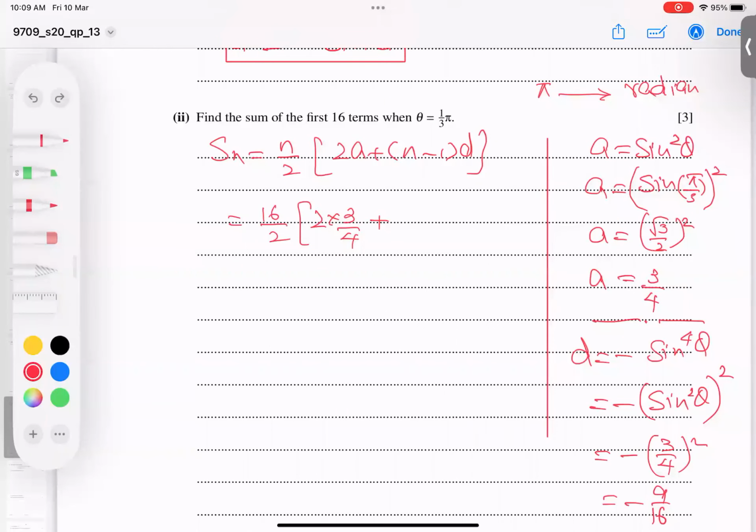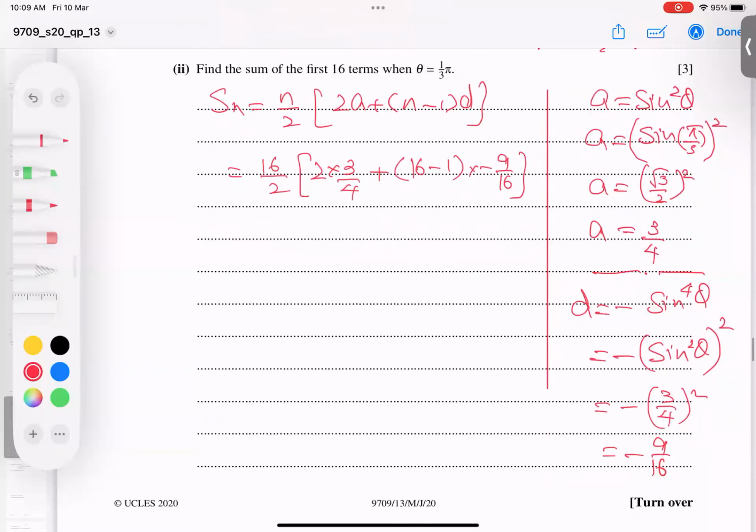All right, so now 16 minus 1, and the common difference is negative 9 over 16. So that's the method of typing in the calculator. So it is 3 by 2 and minus, not plus, so 15 times 9 over 16. Now I'm typing the rest in my calculator and I will check what answer I get.